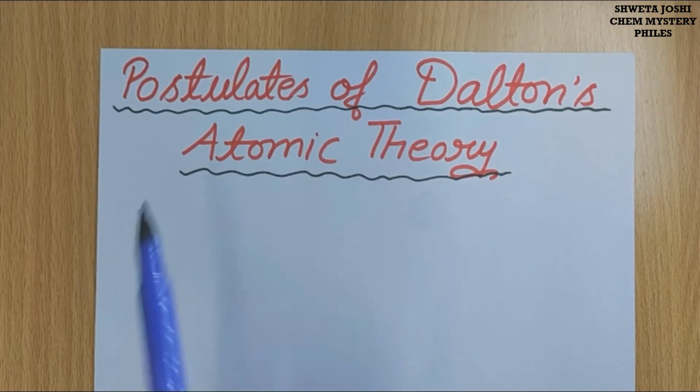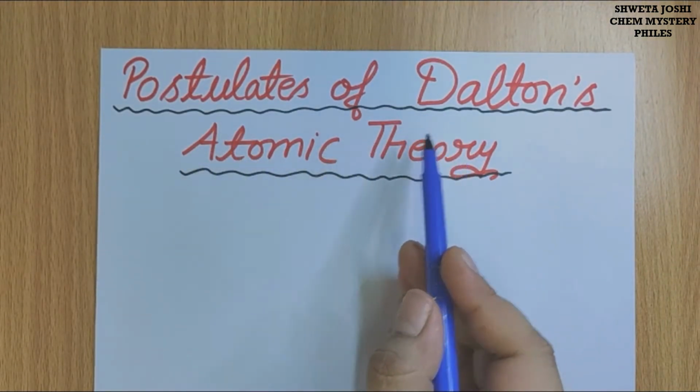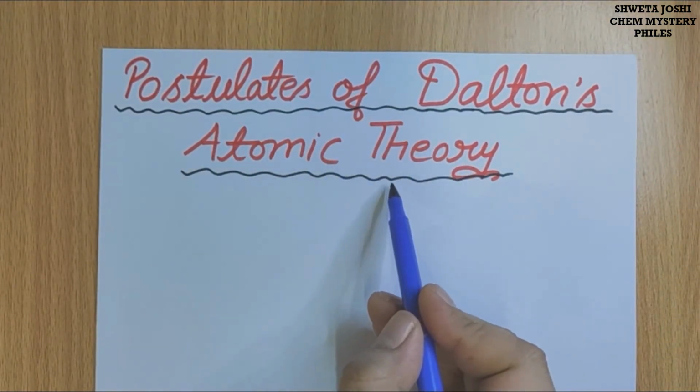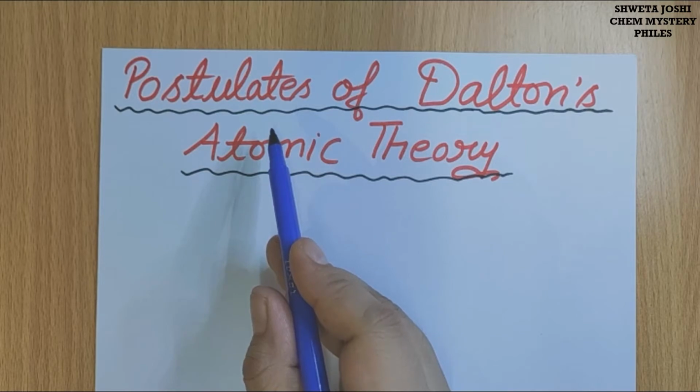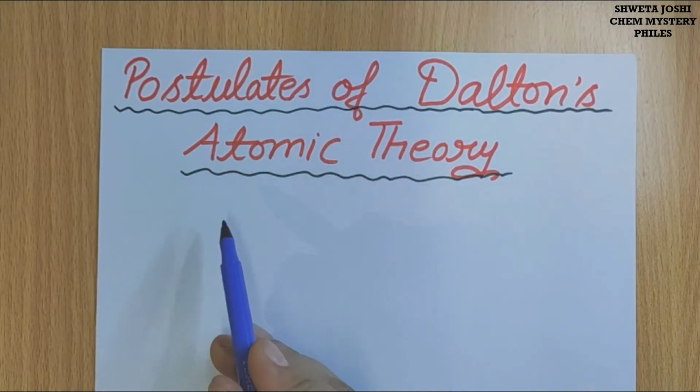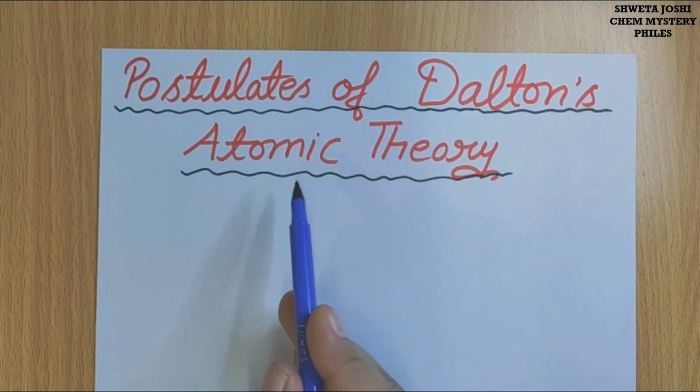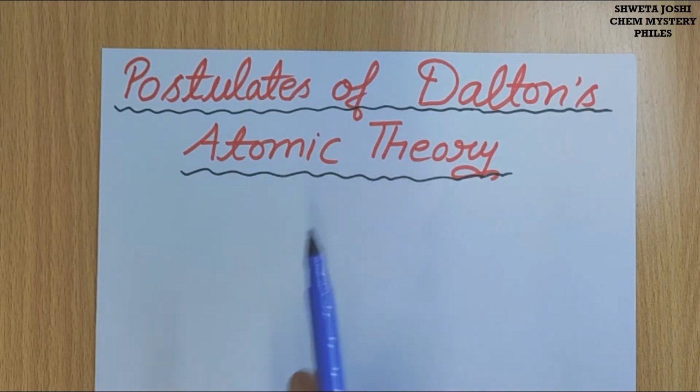Now covering postulates of Dalton's atomic theory. Postulates are the points that form the basis of a particular theory. So we are going to cover the points which form the basis of Dalton's atomic theory.